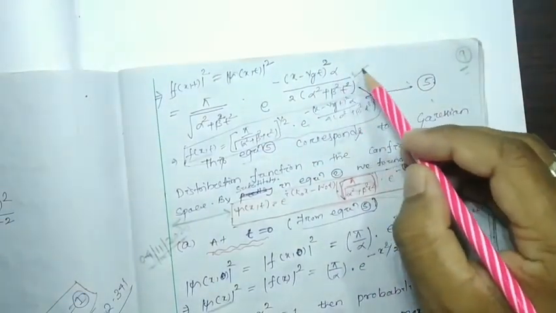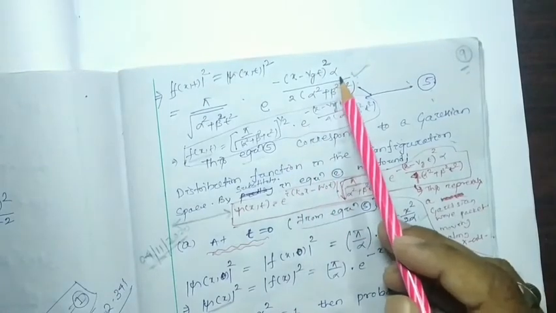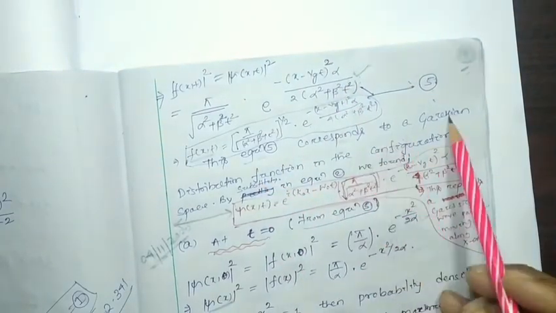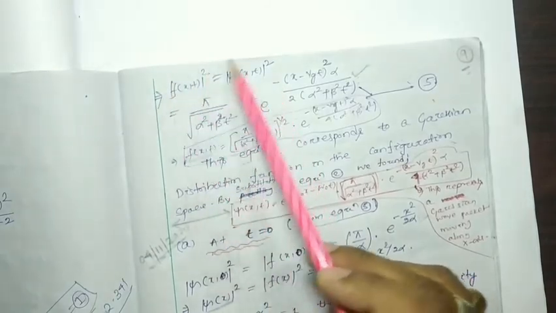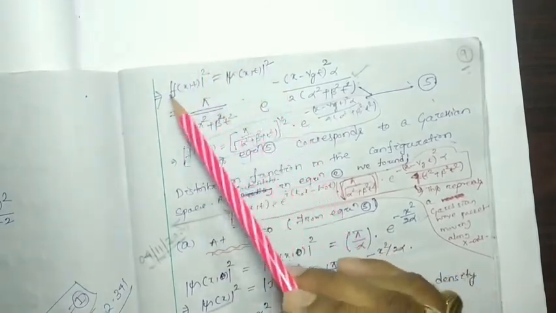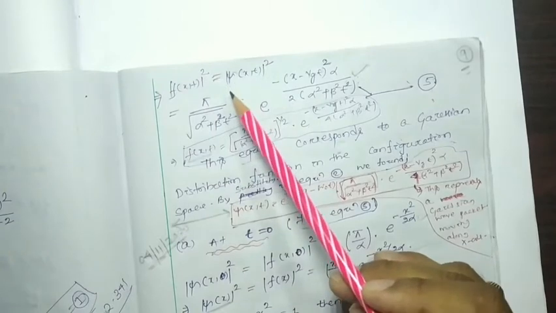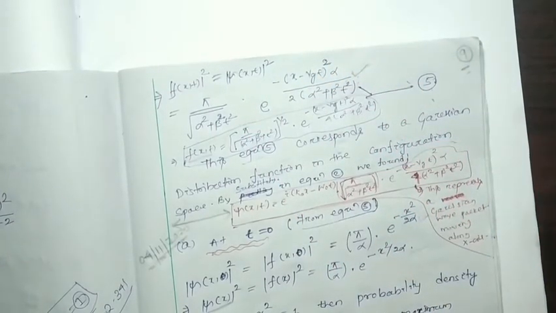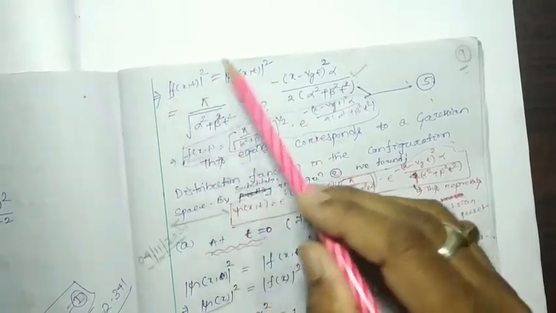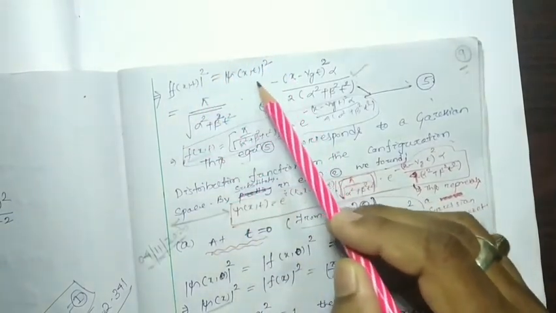Equation number 5 corresponds to a Gaussian distribution function in the configuration space, giving the information regarding the probability density. If we draw this, we will find this.